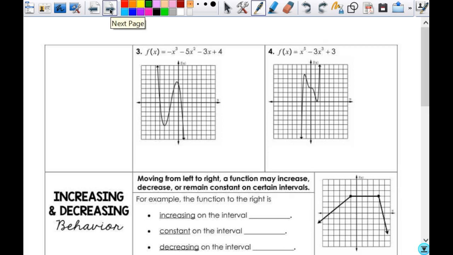All righty, so number 3. How many critical points do we have? 2. Okay. So this one here we'll say is what? -3. Then what? -5. Okay. Is that relative or absolute? Relative. So this would be a relative min.